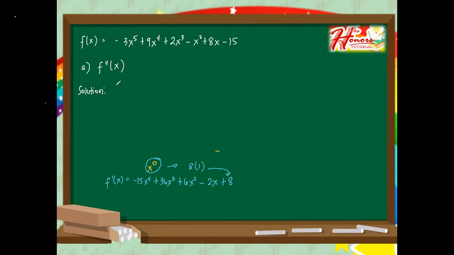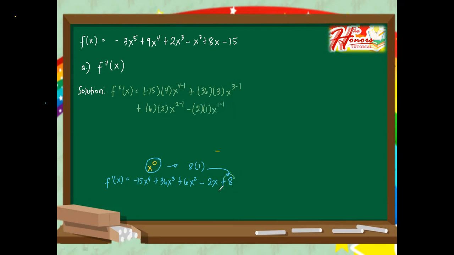For the second derivative, we will be having negative 15 times the exponent 4, x raised to 4 minus 1, plus positive 36 times the exponent 3, x raised to 3 minus 1, plus 6 times the exponent 2, x raised to 2 minus 1, minus 2 times 1, which is the invisible exponent, x raised to 1 minus 1.